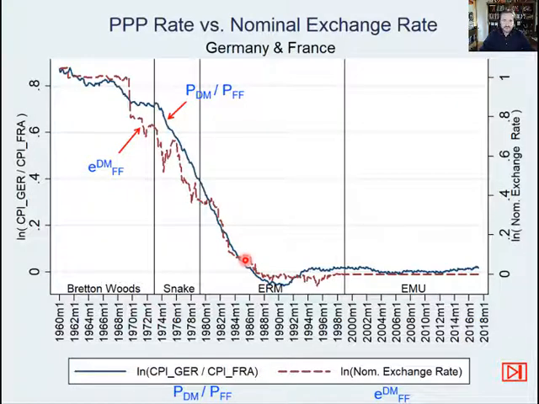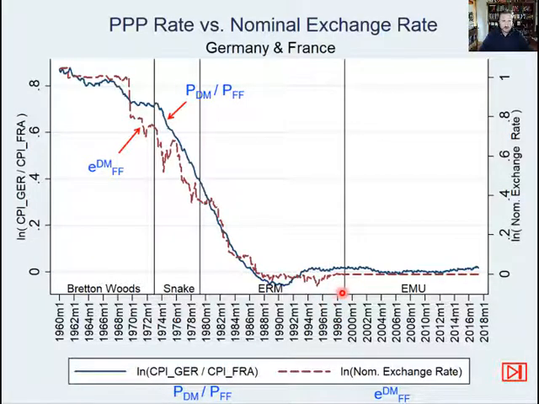Roughly 10 years before the foundation of the European Currency Union, the relationship stabilized and the purchasing power parity displays a sideward trend along a level of 0, which corresponds to a level of 1 in delogarithmized terms.